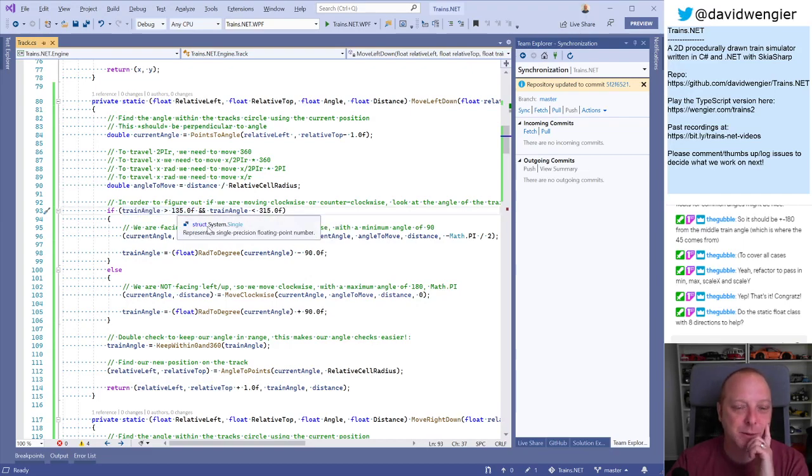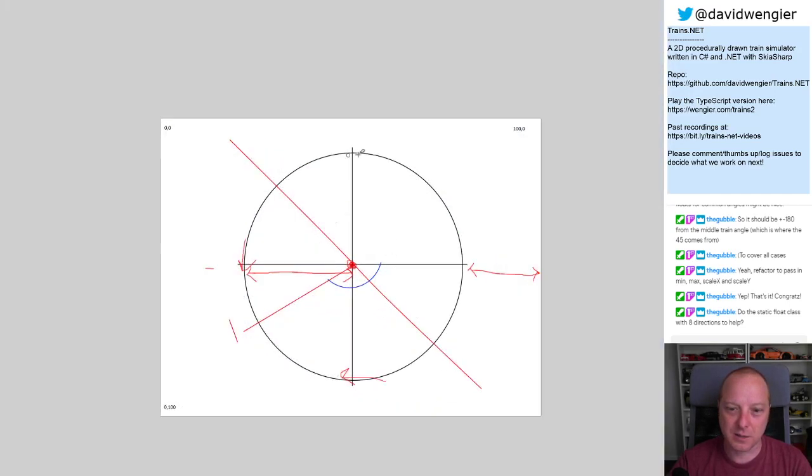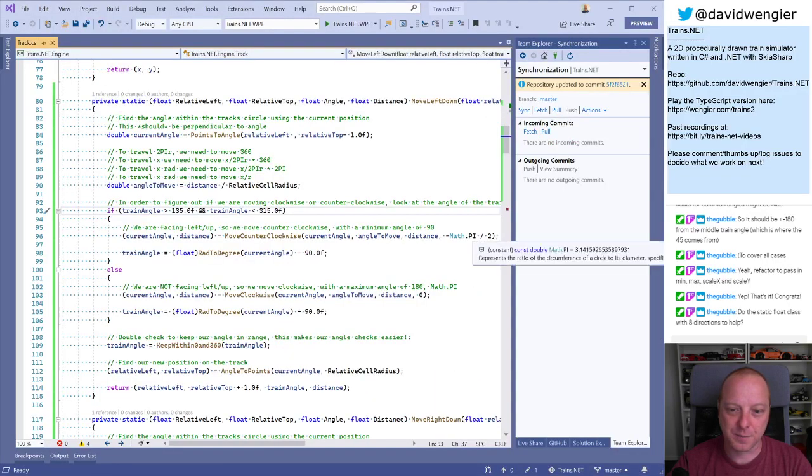Okay, hang on, so wait. What are we saying? This is left down. That's this one. So what we're saying is this moves in an arc from 270 to 360. Except that the 270 here is minus 90, and the 360 is 0, is negative.